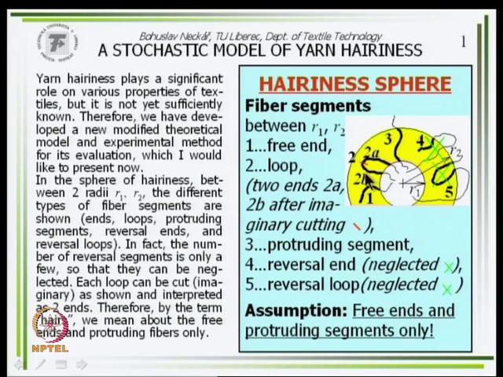The loop type 2, we can hypothetically, of course, not really, divide based on such a red line, so that we obtain from one loop two ends, A and B. So then we will solve the structure in the hairiness sphere where only free ends and protruding segments are present.